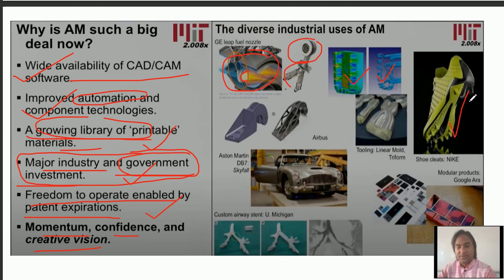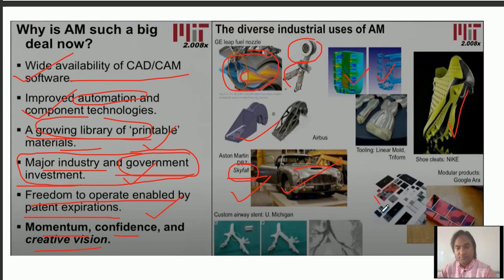Then you can 3D print shoes. Then you can make Airbus components. Then Aston Martin, that was Skyfall. The outer part was made from 3D printing. Skyfall movie, James Bond series.